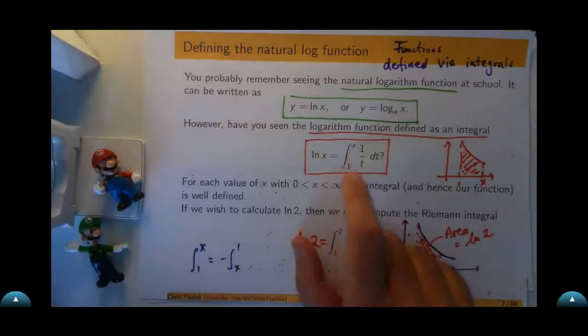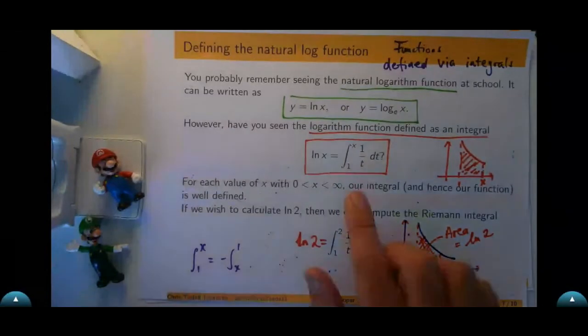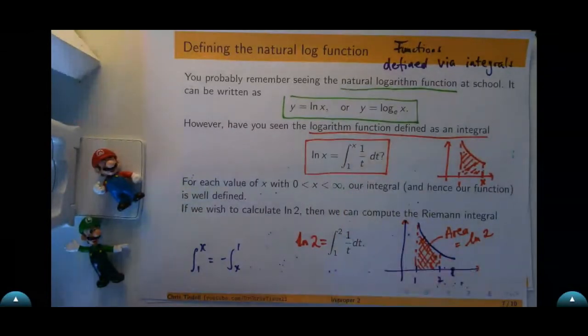So has anybody seen that definition of the logarithm function before? If I just put that up again, has anybody actually seen this definition before? Like maybe at school or somewhere else. Has anyone seen it? Abdul Rahman, that's impressive, buddy.